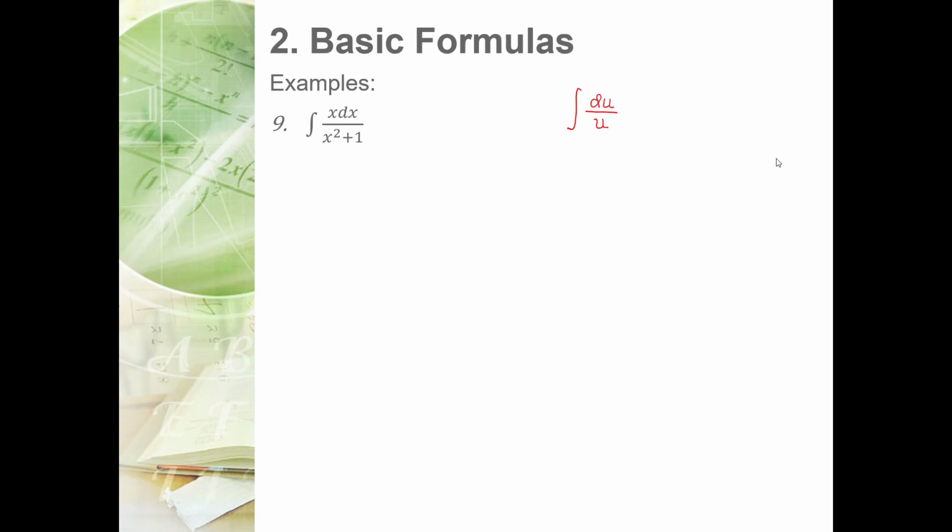Or if you don't know the formula, let's erase everything. So let's say you don't know the formula. I suggest that you look at the exponent. Since this one is 2 and the exponent in the numerator is 1, automatically let this term be your u parameter.